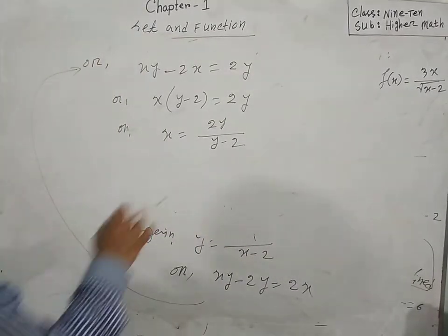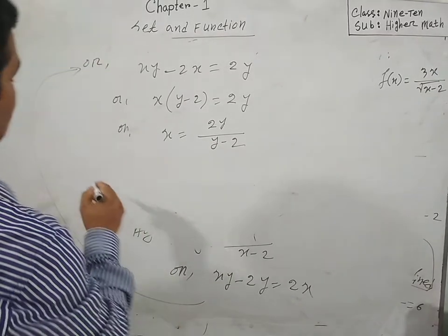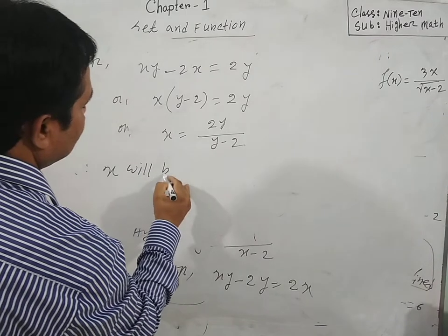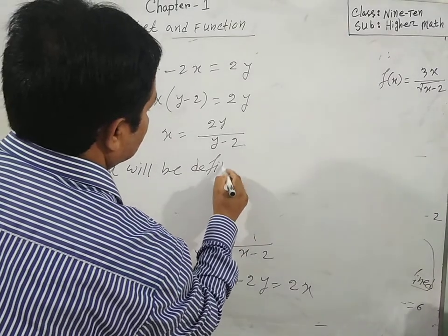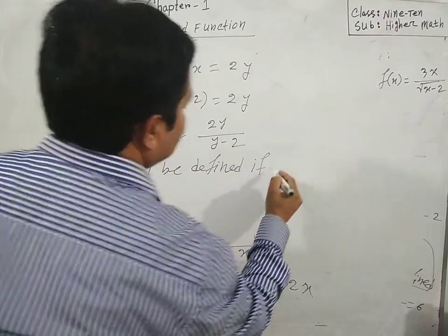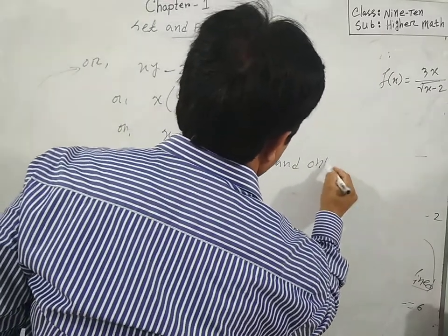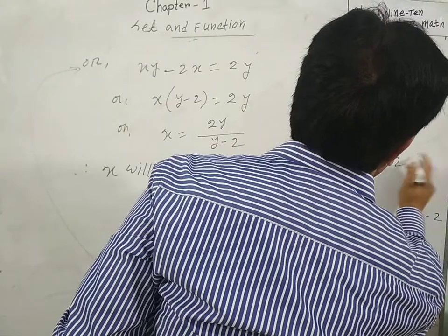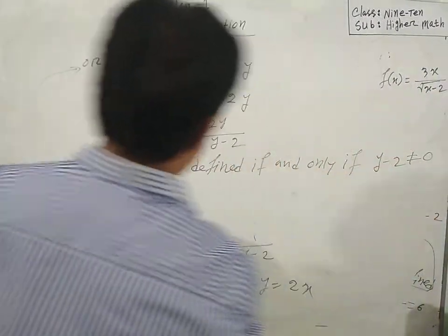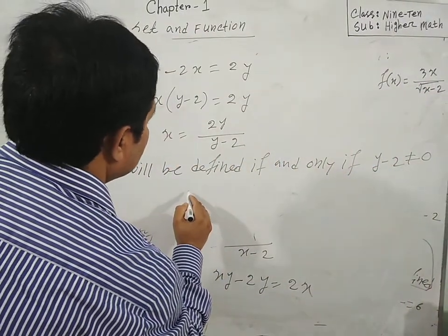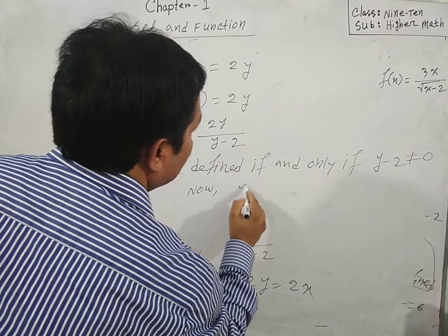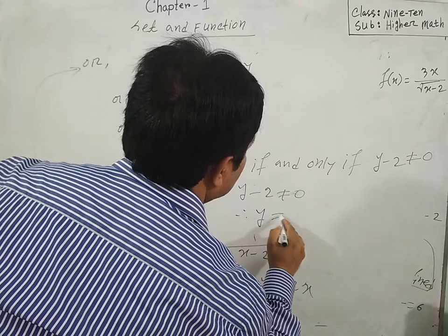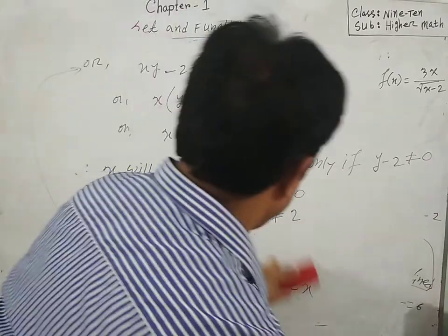This is also the rules of denominator. So we can write x will be defined if and only if y minus 2 is not equal to 0. Now y minus 2 not equal to 0, so y not equal to 2.